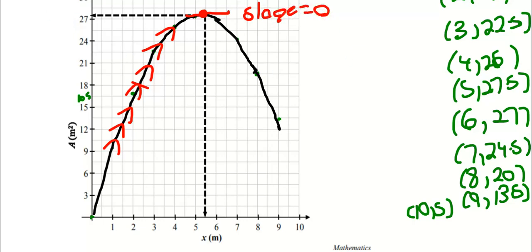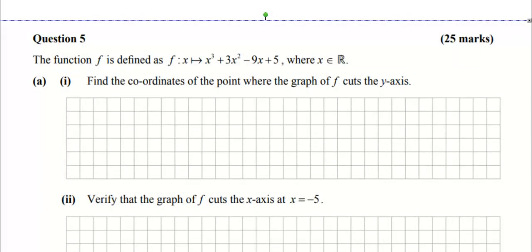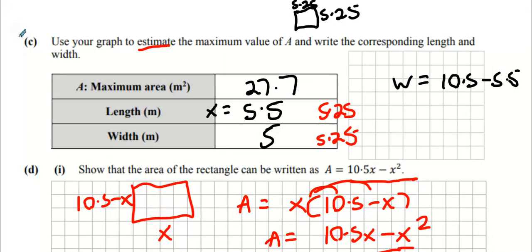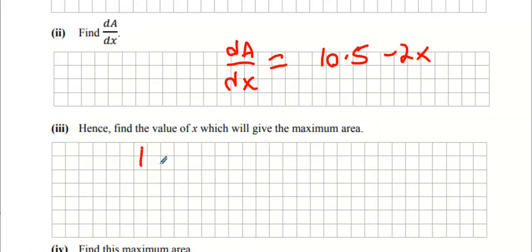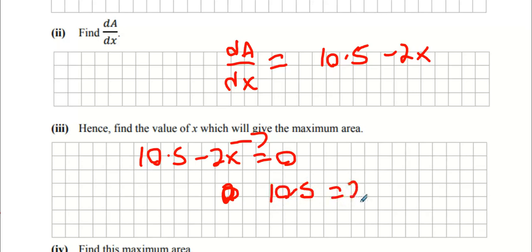So this means our first derivative is equal to 0. 10.5 minus 2x equals 0. So move the 2x to the other side. You get 10.5 equals 2x. Divide by 2, and x equals 5.25. Right, and that's your answer.